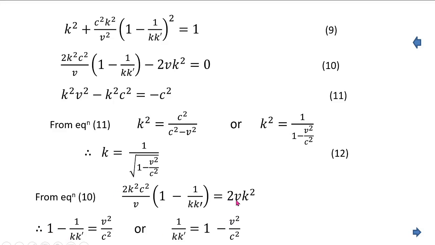If we divide this 2vk square by 2k square c square upon v, then we get v square upon c square. Therefore 1 minus 1 upon k dash is equal to v square upon c square, or 1 upon k dash is equal to 1 minus v square upon c square, or k dash is equal to 1 upon 1 minus v square upon c square.